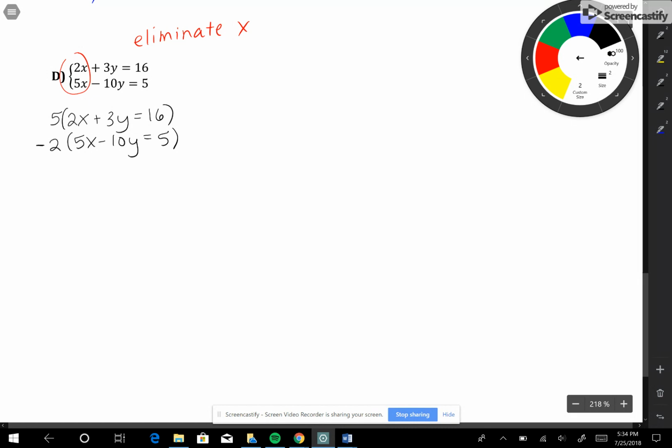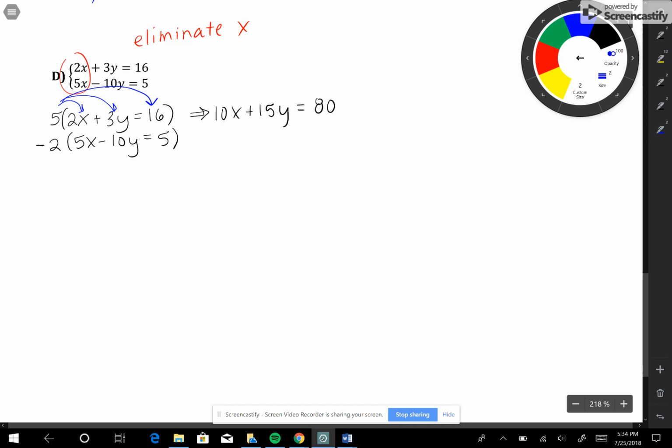All right, so when I distribute this 5 into this equation, 5 times 2x gives me 10x. 5 times 3y is 15y. 5 times 16 is 80.